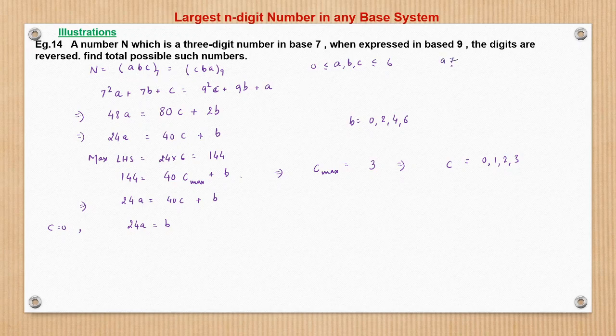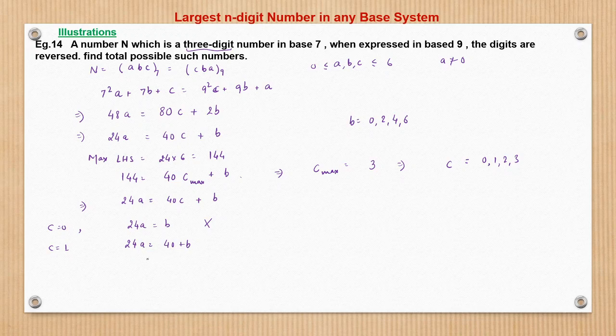If we take B equal to 0, A will be 0, but A cannot be 0 because it is a 3-digit number, right? So this is not a possible case. If C is equal to 1, it becomes 24A is equal to 40 plus B. Now A can take value 1, 2, 3. If A is 1, it is 24, right?